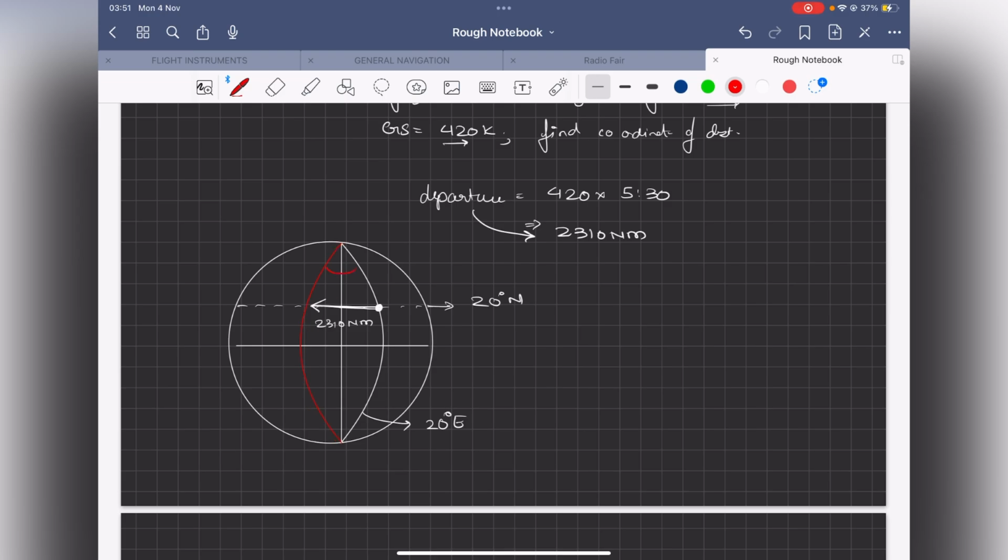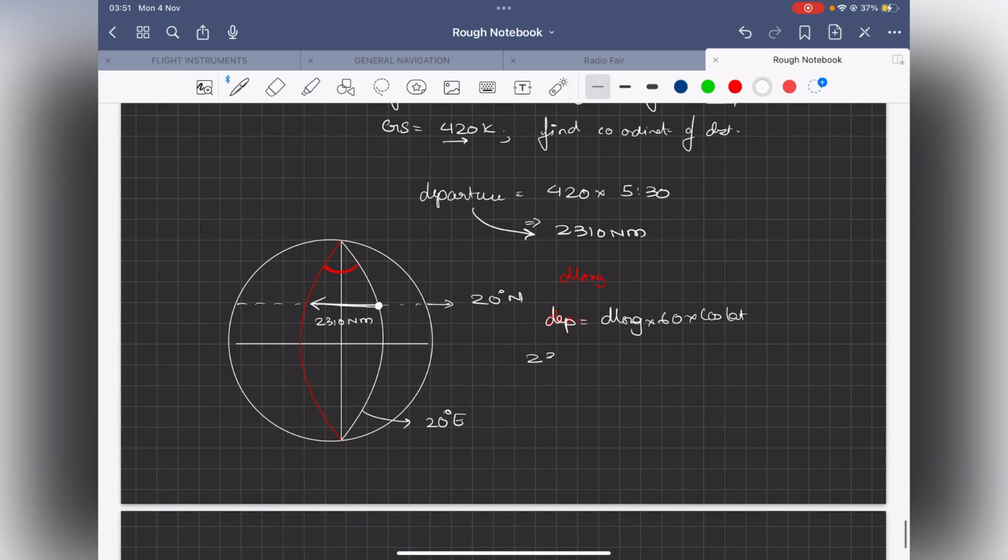So they are asking me what this angle is, just like the previous question. What I have to calculate is my d long. Departure is equal to d long into 60 into cos of lat. My departure is 2310 nautical miles. D long is unknown, 60 is constant, cos of 20 degrees.